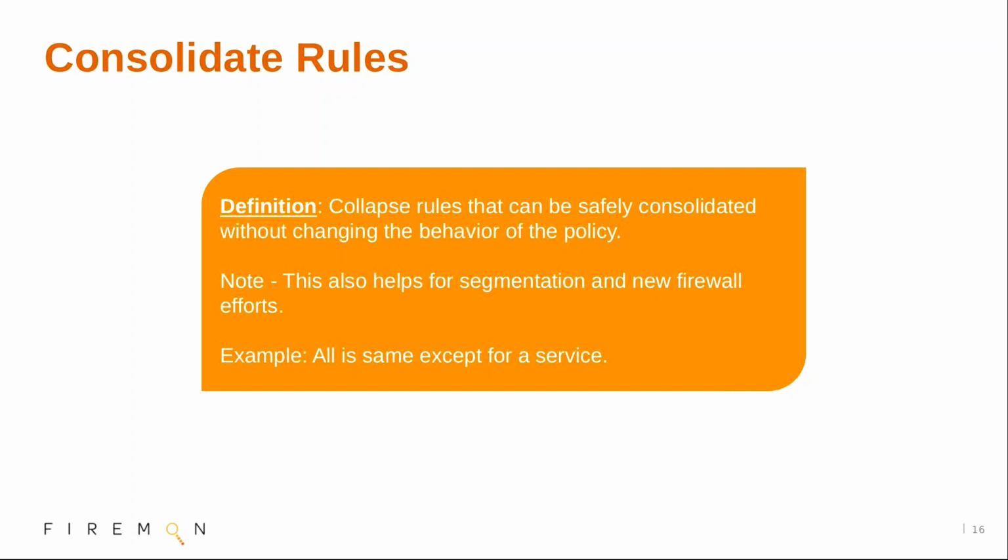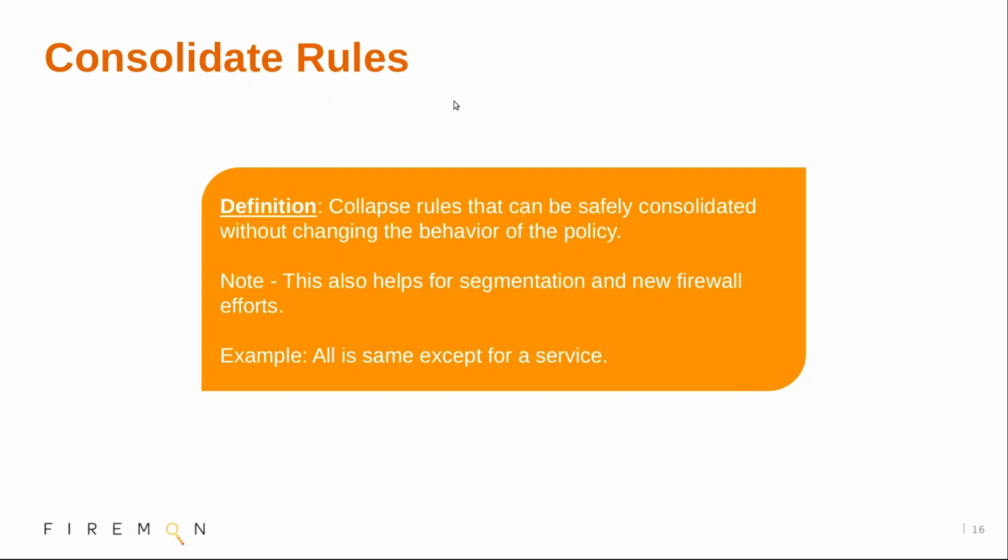Because only after that process do you know your remaining rules and objects are all good, quote unquote good. There's one remaining step we can do to make them even better, and that is to consolidate them. What we mean by that is to collapse rules that can be safely consolidated without changing the behavior of the firewall policy.